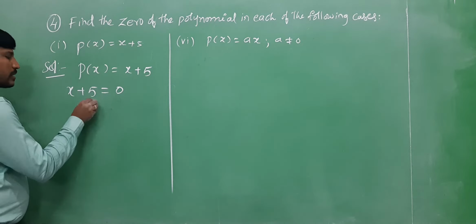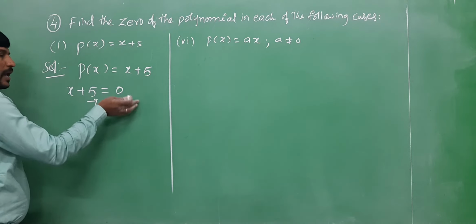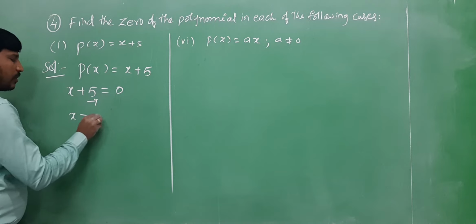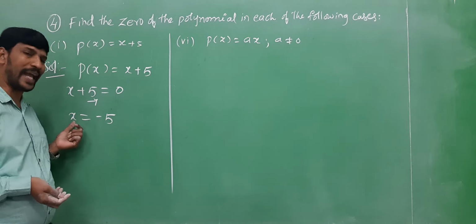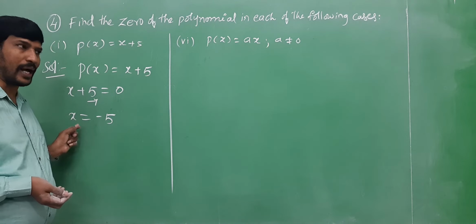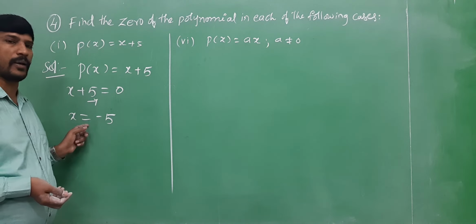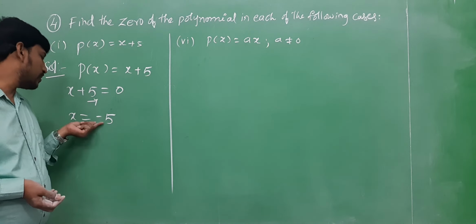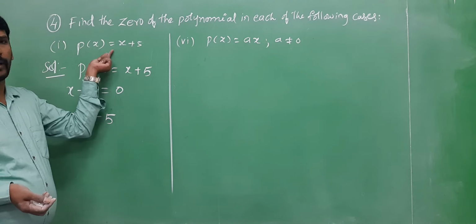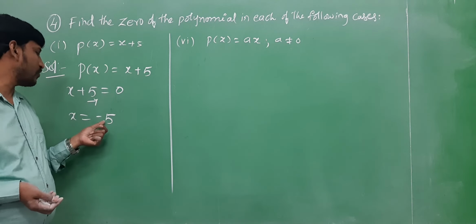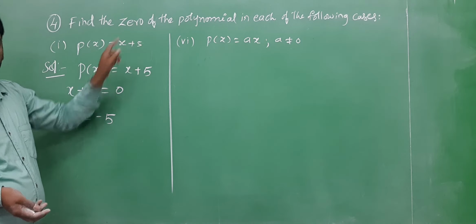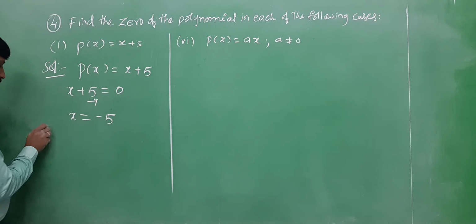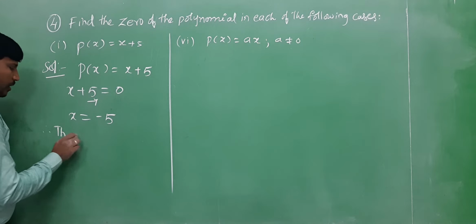Then just transpose 5 to RHS side, then x is equal to minus 5. That is, we are going to find the value of variable x. From this only we will find the 0 of the polynomial. So x equal to minus 5. If you substitute in the place of x, it will become 0.